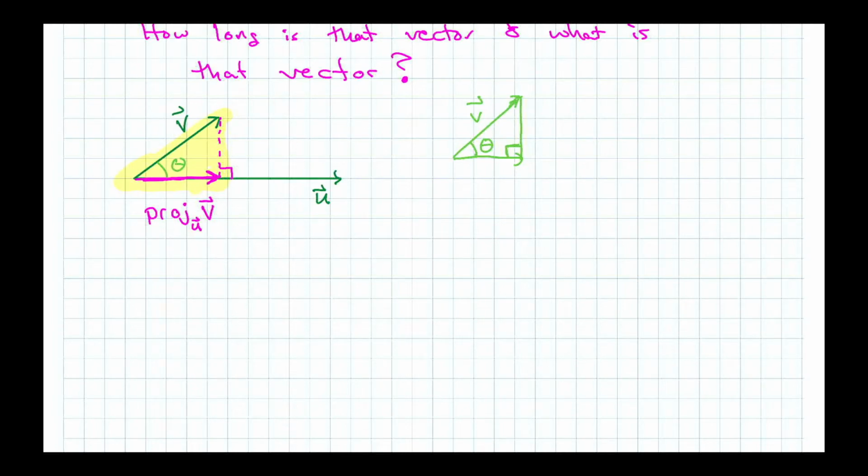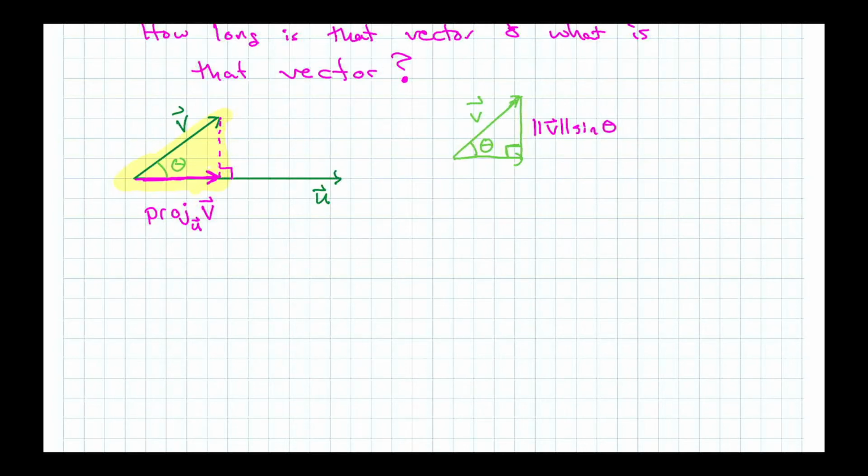Okay, so first thing we can do is figure out how long that side of the triangle is, right? And so if you think about trigonometry, with a triangle like this, the right side of the triangle here, you can't see where I'm pointing, this side of the triangle would be magnitude of V times the sine of theta.